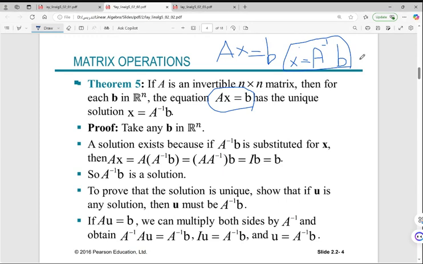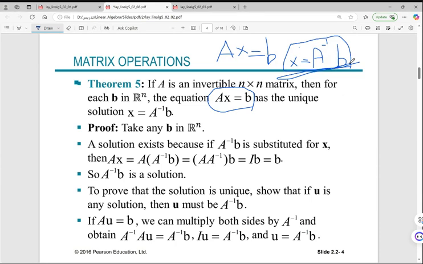And this unique solution is obtained by X equals A minus 1 B. Why is this correct? Can someone explain?